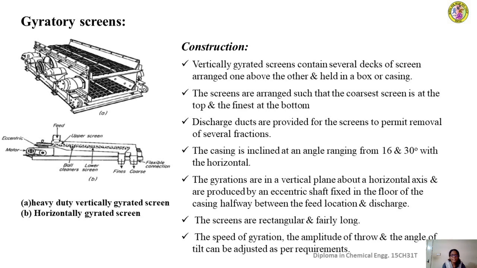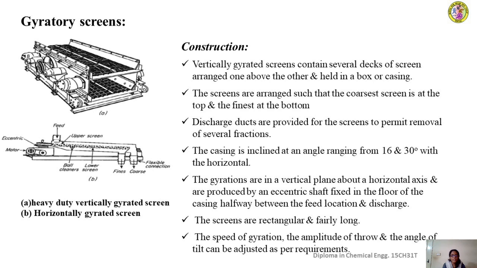Usually the casing in which the screens are held one above the other is mounted such that it is inclined at an angle to the horizontal. Usually the angle of inclination will be between 16 to 30 degrees.